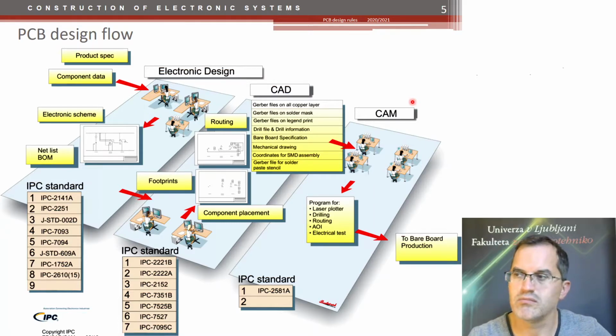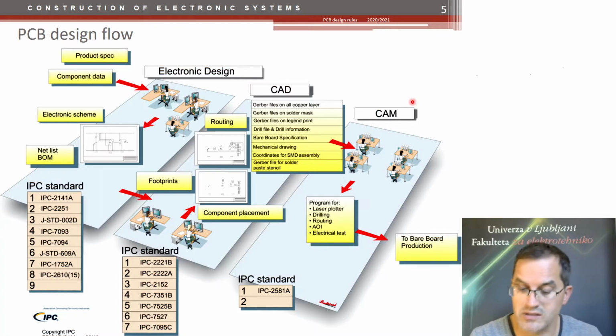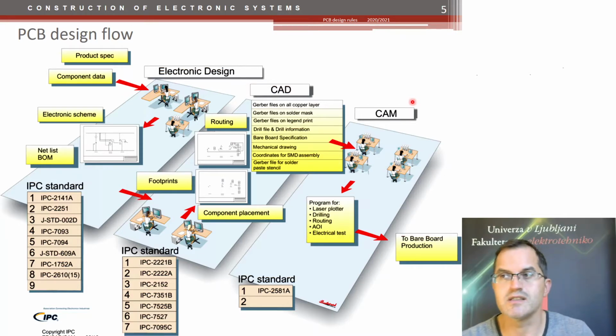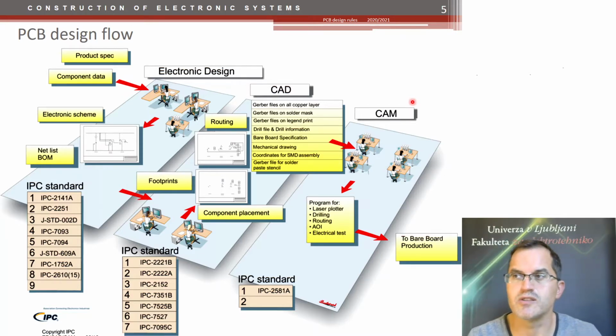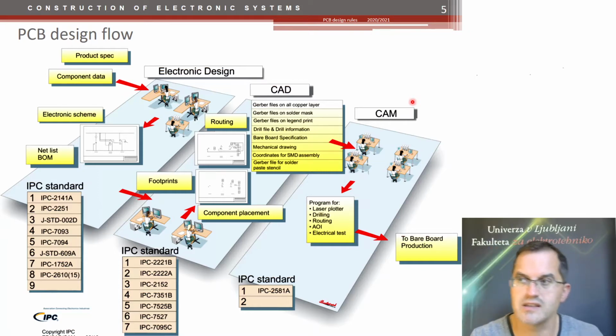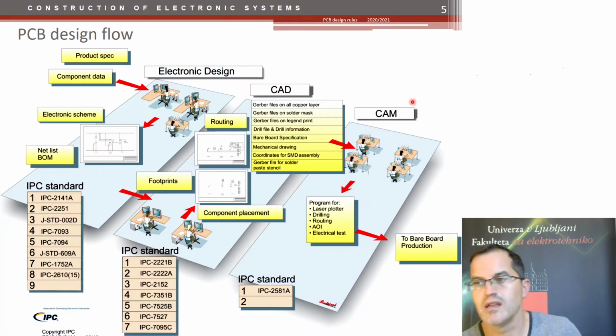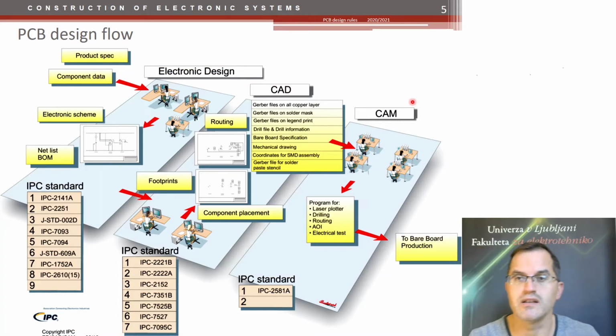In a home environment or in the domestic hobby environment, a single guy is doing all that, but in general, in any company that is involved in this process, several people are working on this project. Some of them are writing or constructing the schematics, the others are placing and routing the PCBs, and then somebody else is preparing for production.